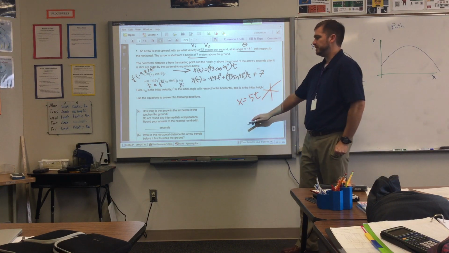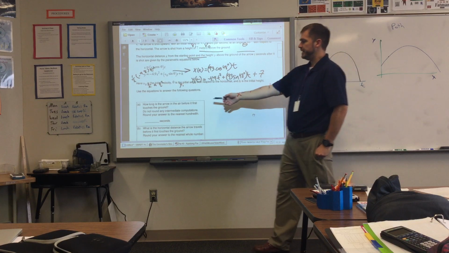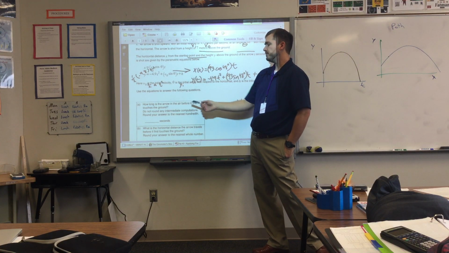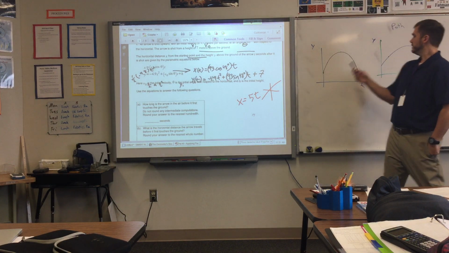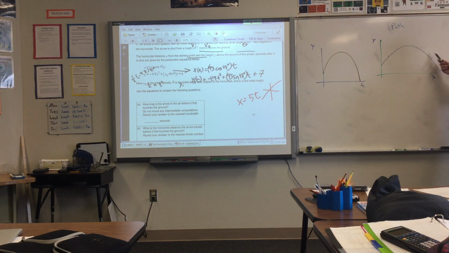Let's go down here and see what the problem asks. How long is the arrow in the air before it first touches the ground? Let me say that again. How long is the arrow in the air before it first touches the ground? That would correspond to when the arrow is right here. This is when it hits the ground.